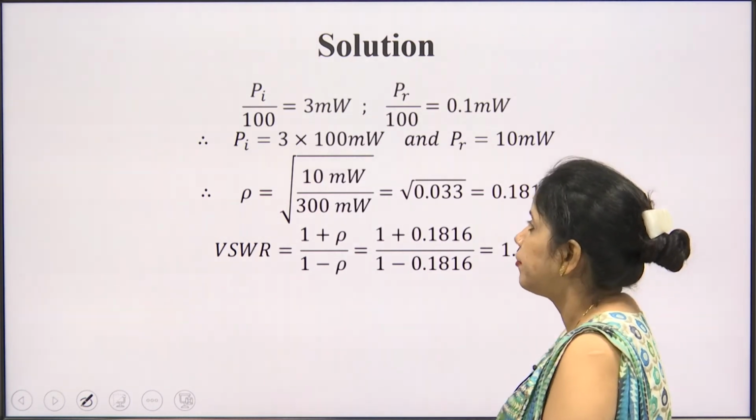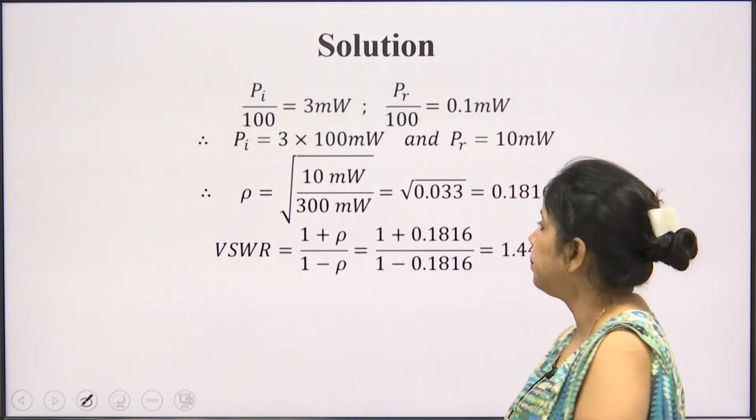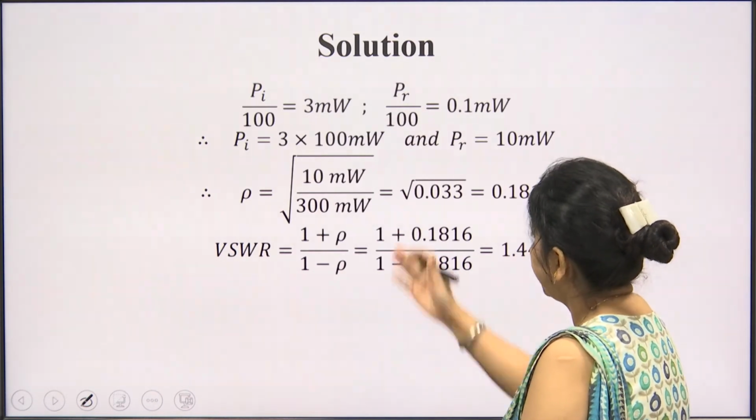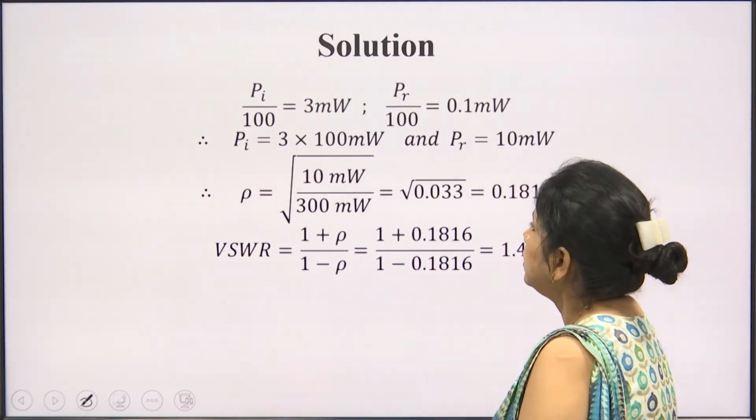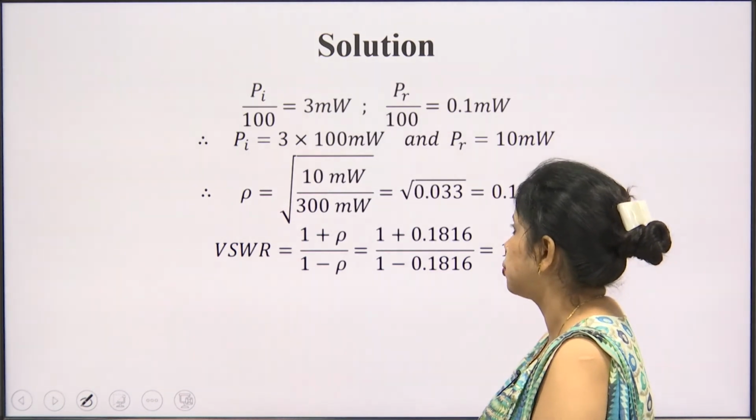So, we can easily have the value of Pi and PR from that, and then we want to calculate the reflection coefficient.